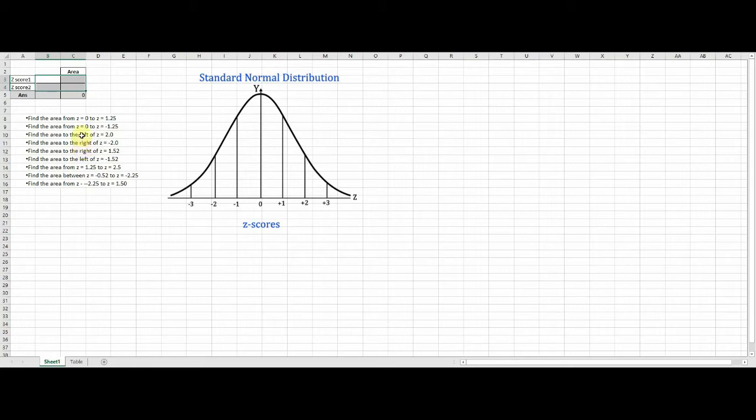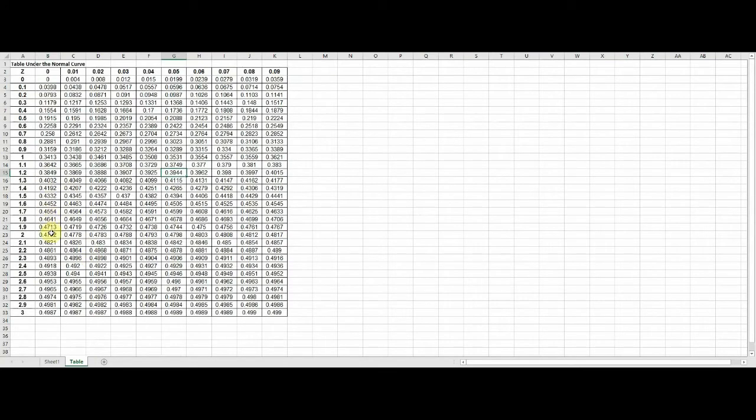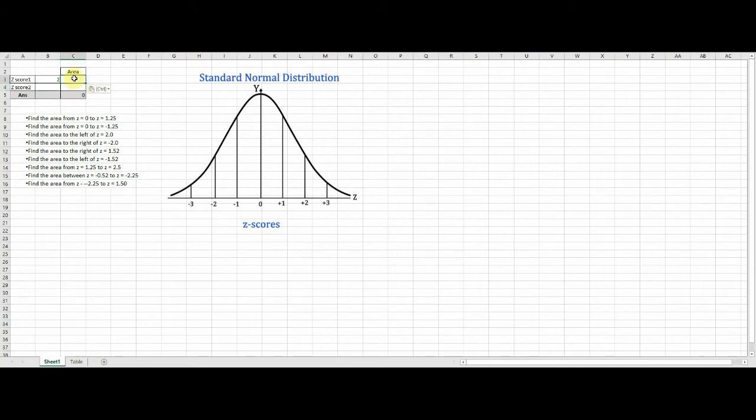Now let's solve number 3. It is 2.0 to the left. The direction is going to the left side, meaning we're going to cover the entire left side. Let's have first the actual area of 2.0. From 0 to 2.0, the area is 0.4772.